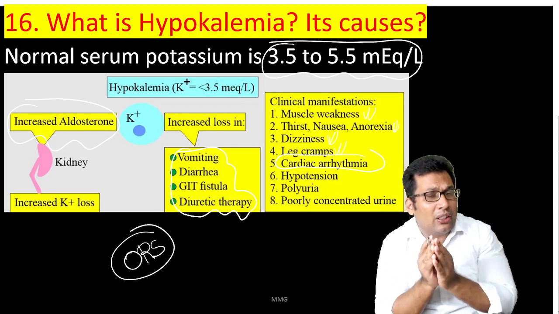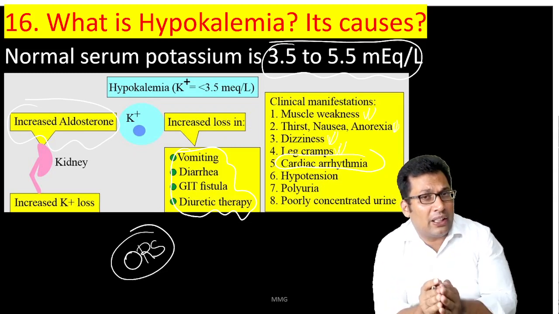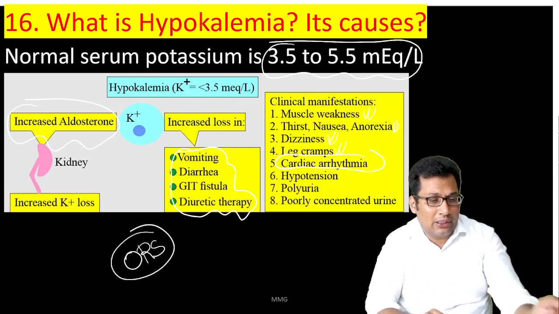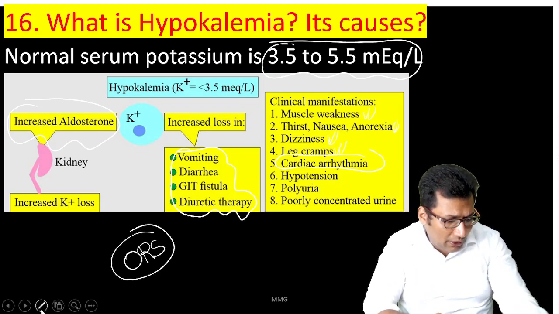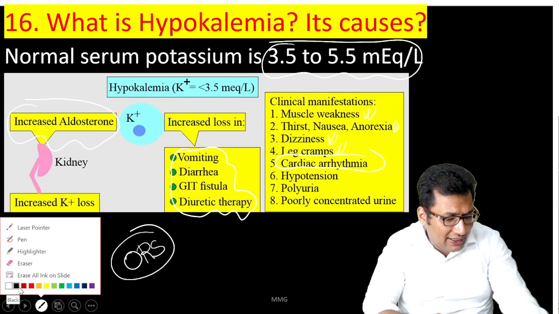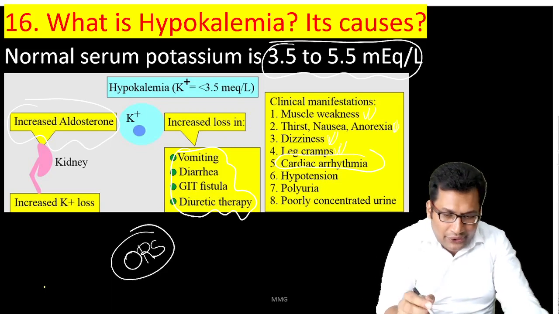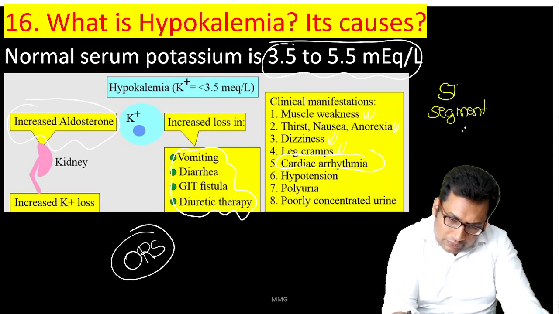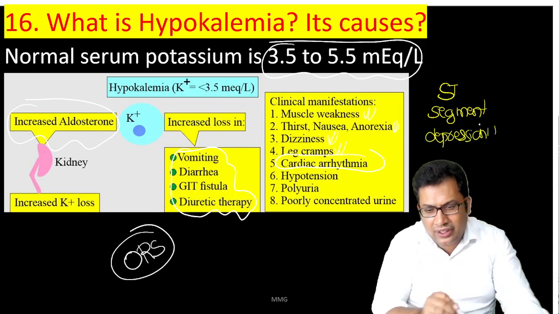And dear student, you must know one more important finding, the ECG finding in case of hypokalemia. What is the ECG finding in hypokalemia? There will be ST segment depression.